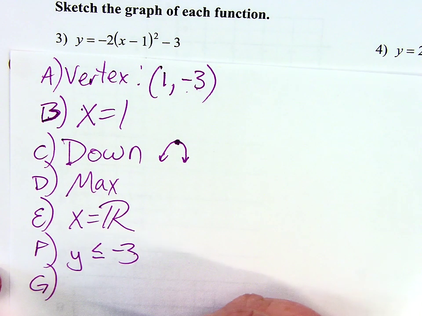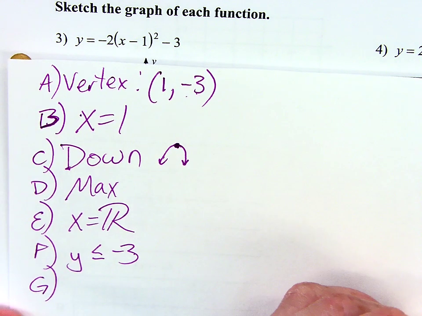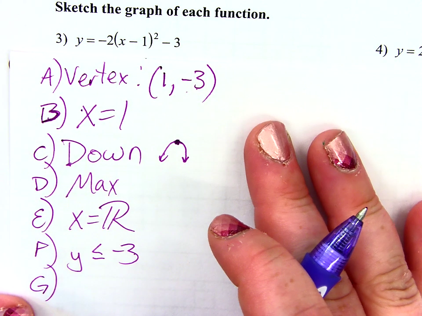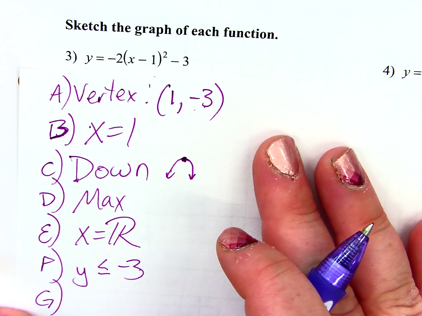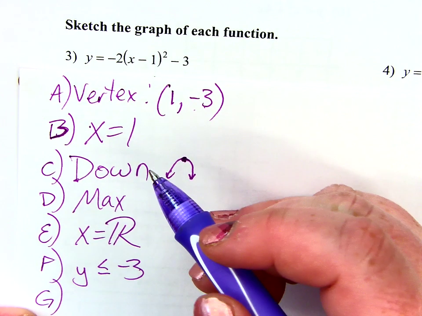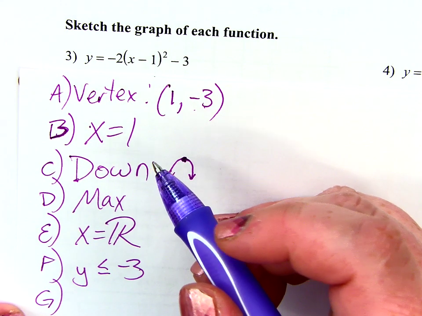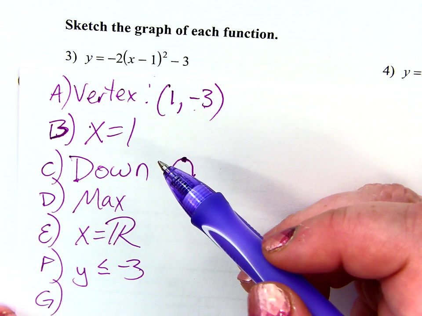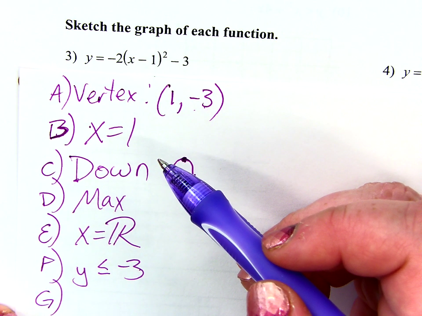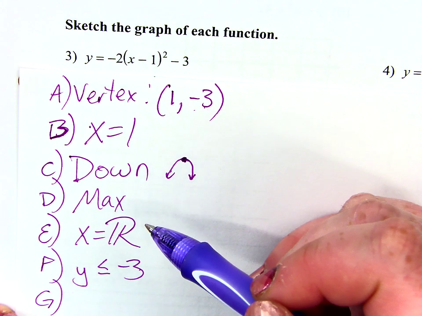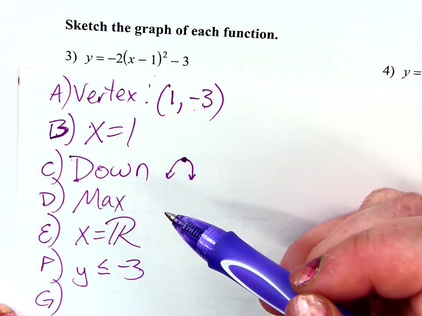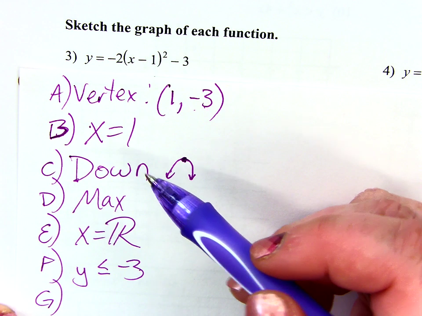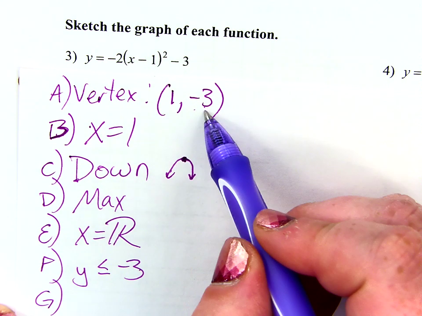G is the y-intercept. This one I do have to do a little bit of work on, but it's not so bad. How do you find the y-intercept? Don't you plug in x equals 1? You already know that when x equals 1, the answer is -3.